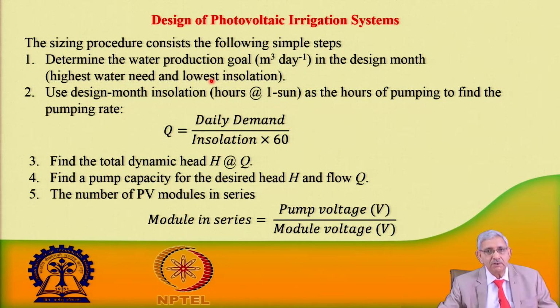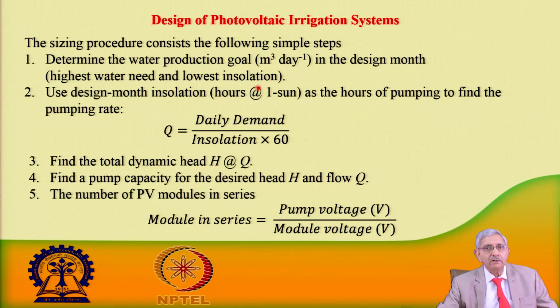If the same crop has been grown for the last few years, those data are to be analyzed, and one can take a 5-year recurrence interval: what is the maximum water or evapotranspiration needed by the crop during the peak, high-demand period. That is to be taken in the design.